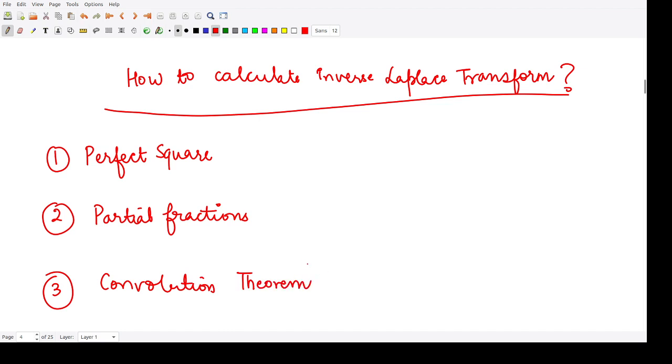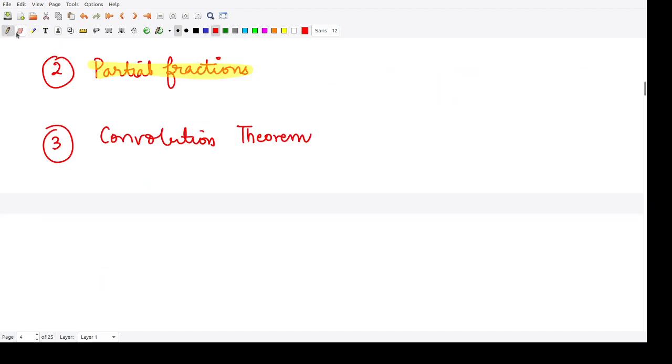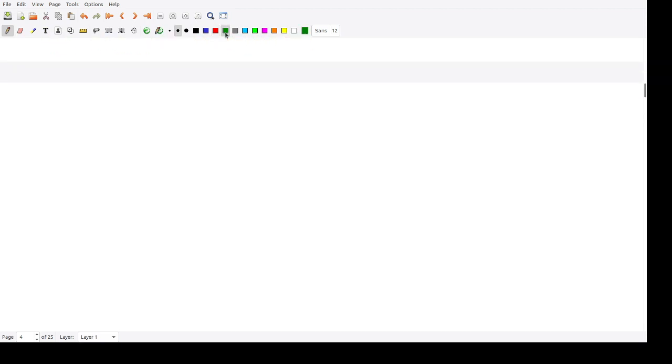Firstly, let me discuss how we apply partial fractions. That is the task now. You might already know how to apply partial fractions onto various fractions, but let me give you a quick glance at it.